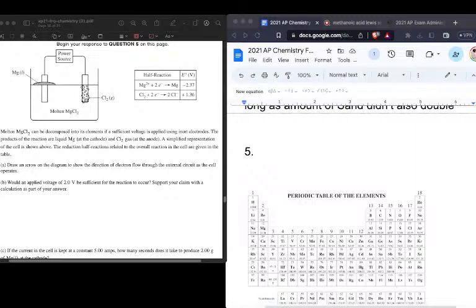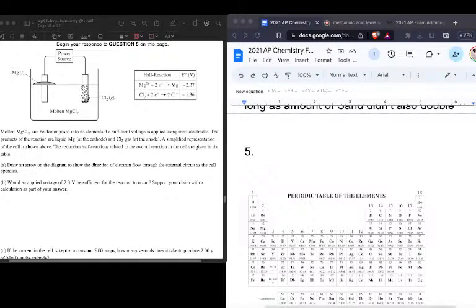Now, it's going to take me a second to figure out what's happening at each of the electrodes. Mg2+ is becoming Mg, which means it's gaining electrons. So we have to be providing electrons to that electrode. The electrons will combine with the Mg2+ to make the Mg.